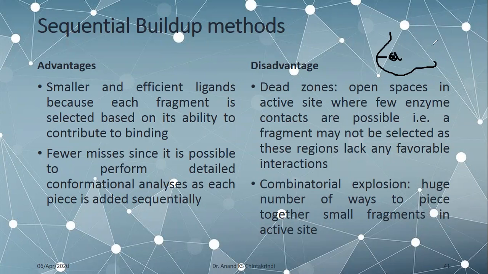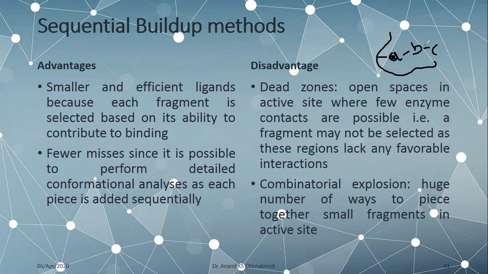Now you are sequentially building that by adding B, C, and D. This combination of ABCD can be ABCDE or ACBDE or AEBCD. You can see there are various permutations and combinations by which that A fragment can be joined to B and C. So this can be CBA or any other.